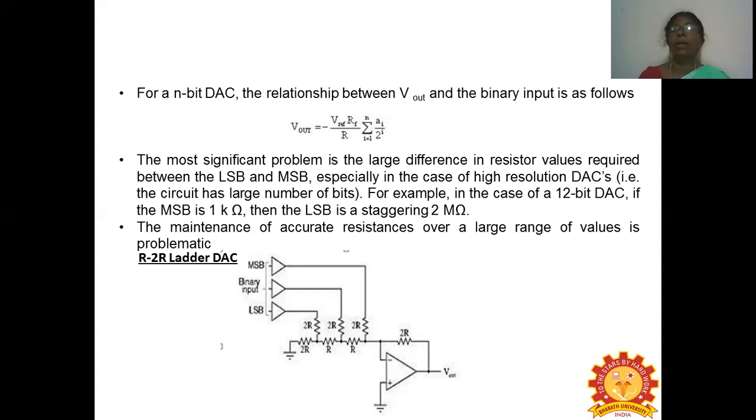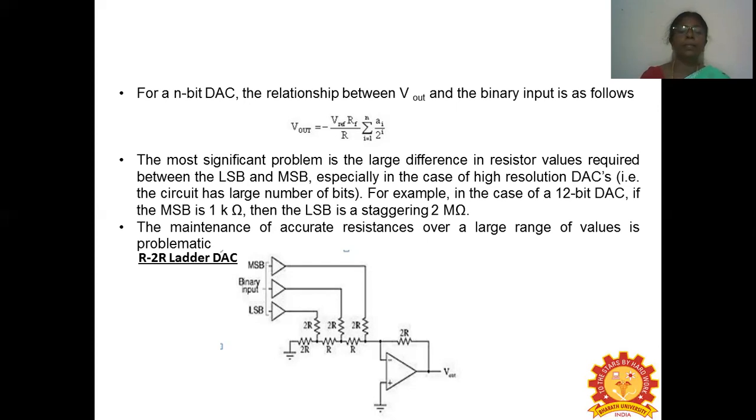For example, if we are using a 12-bit digital to analog converter, if the most significant bit resistor is 1 kilo ohm, then the least significant bit is 2 mega ohms. So there is a vast difference between the most significant bit and least significant bit. And also the maintenance of accurate resistance over a large range of values is problematic.